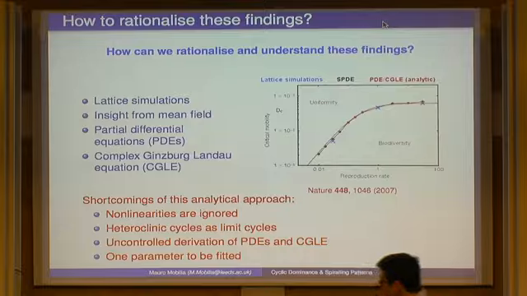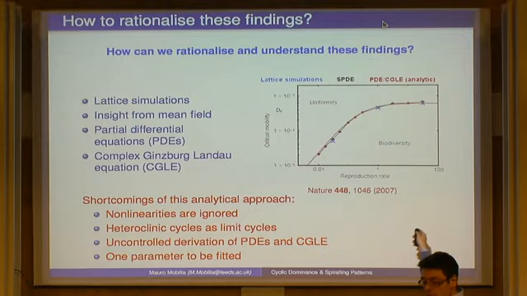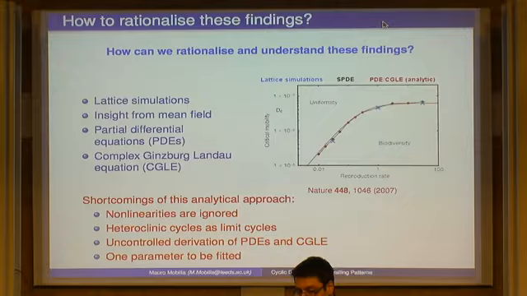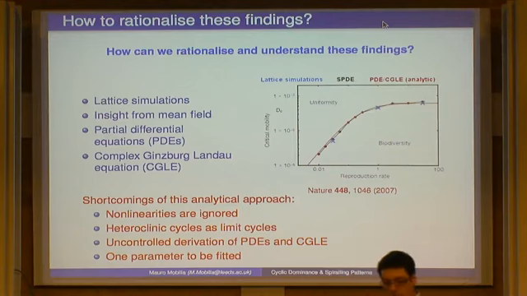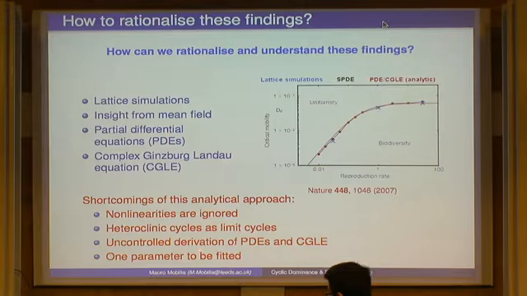So what we did to obtain this red line was to do various approximations, and mostly these are uncontrolled. So basically we ignored a lot of nonlinearities. We treated these heteroclinic cycles as limit cycles, and in this way we approximated the partial differential equation corresponding to the reaction I showed you, which by the way was derived in an uncontrolled way.